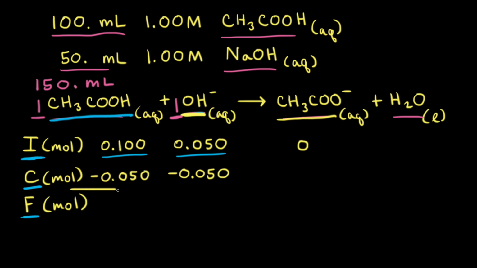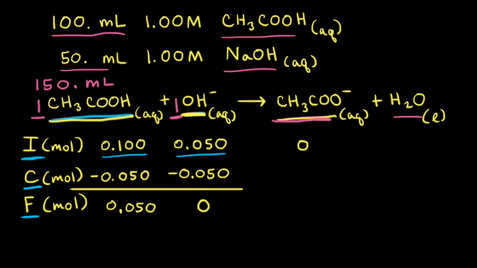So when the reaction goes to completion, all of the hydroxide anions have been used up. Therefore, we have 0 moles of hydroxide anions left over. For acetic acid, if we started with 0.100 and we're losing 0.050, half of the acetic acid has been neutralized by the hydroxide anions, and we're left with 0.050 moles when the reaction goes to completion.